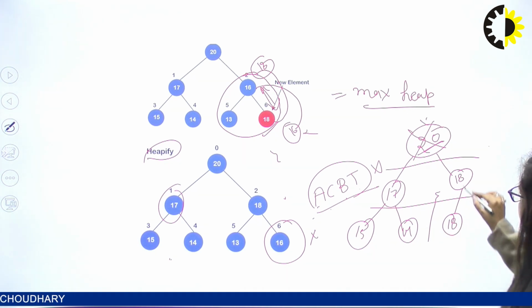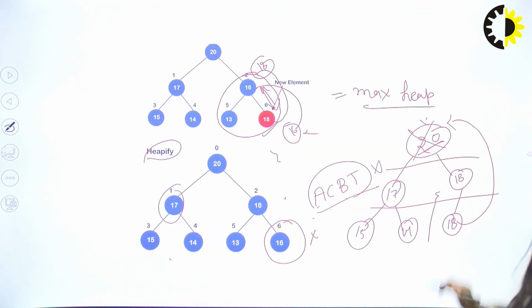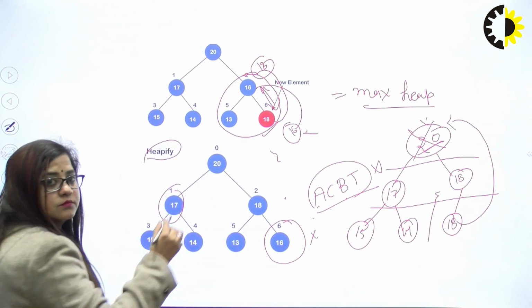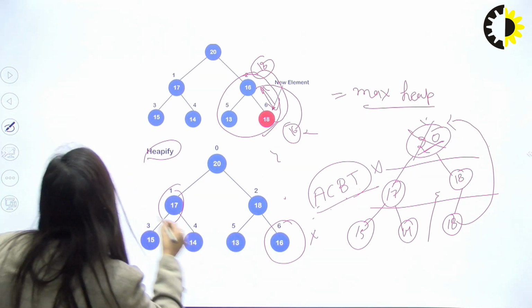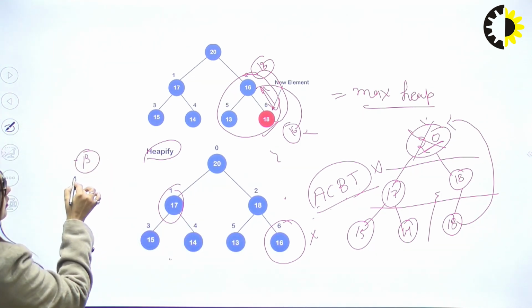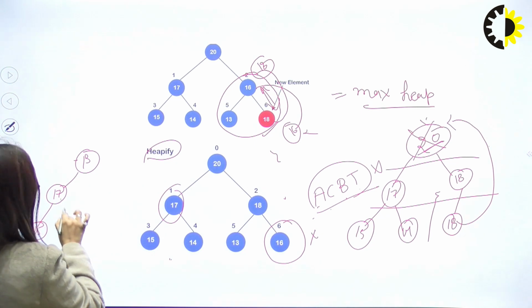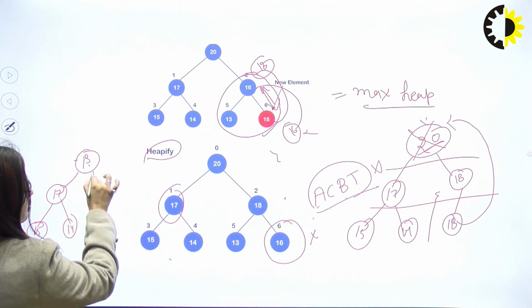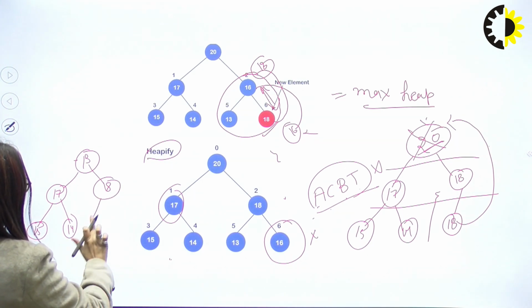So check again according to the lowest level, and the rightmost element is moved to the root. This moves 13 to the root, then 17, 15, 14, 18, and this 13 is moved above.